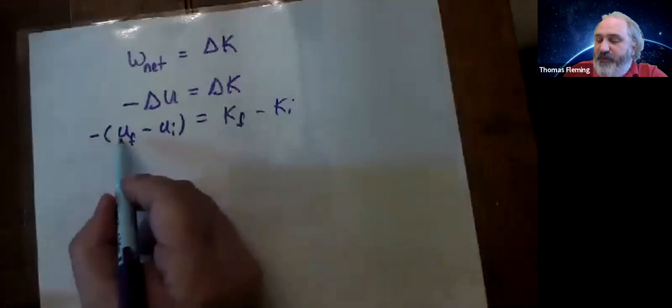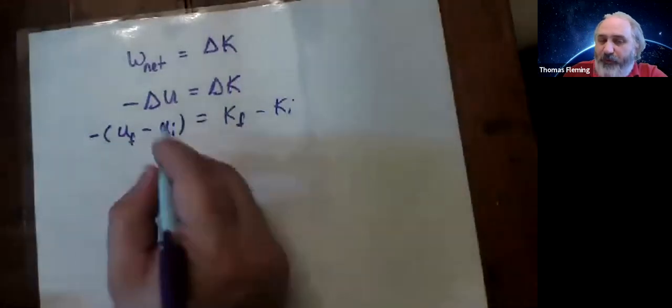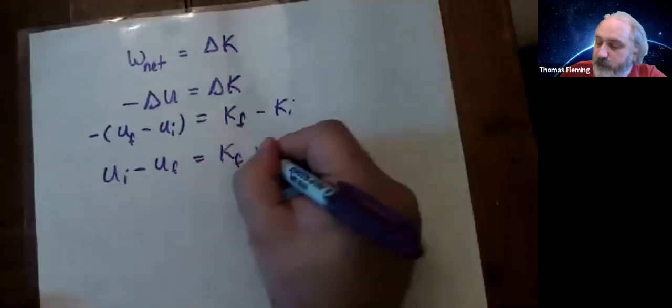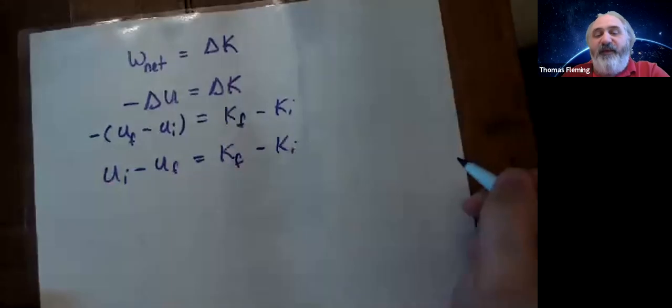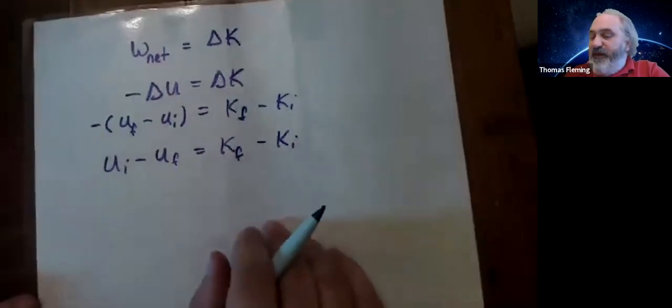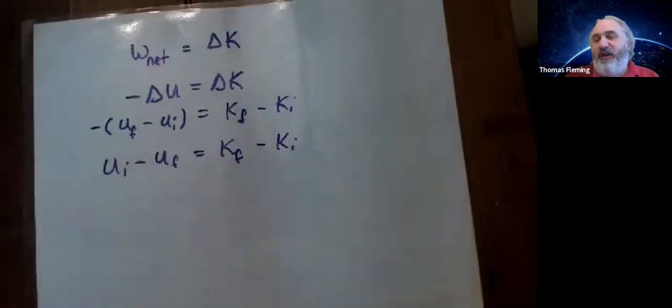If I distribute that minus sign through, that's just going to flip those signs, so I have U initial minus U final. And then if I rearrange this one more bit, getting all the initial stuff on one side of the equation and all the final stuff on the other side, I'll have U initial plus K initial equals U final plus K final.